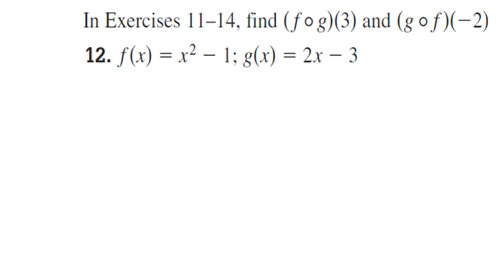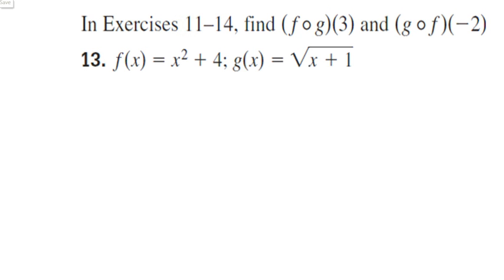Next, problem 13. We have the same things, f of g of 3 and g of f of negative 2. This time we have the functions f of x equals x squared plus 4 and g of x equals the square root of quantity x plus 1.